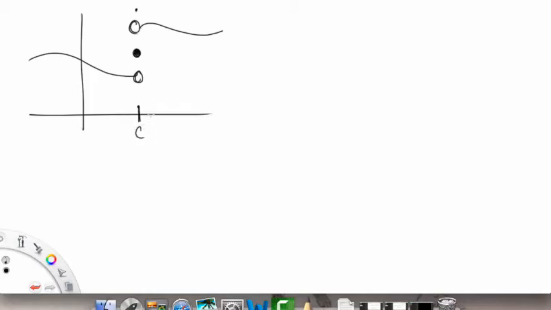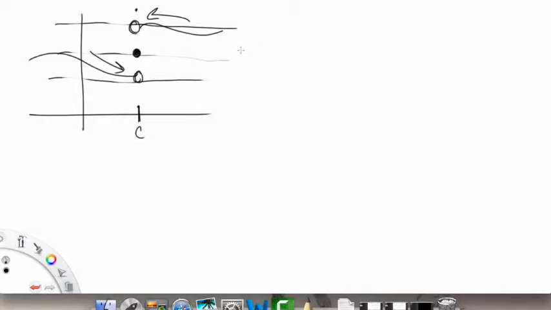But anyways, at this point C, we have our left hand limit, that's down there. Our right hand limit, that's up there, and our f of C is at a completely different value. So here we have absolutely no-sided continuity. That's not actually a term, I kind of just made it up, but this is just a difference showing contrast between right and left continuity.